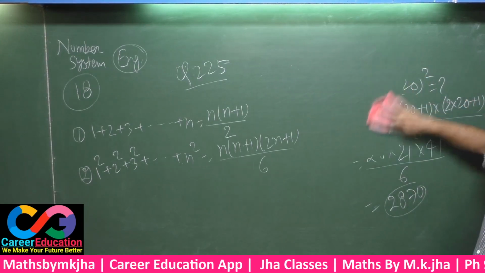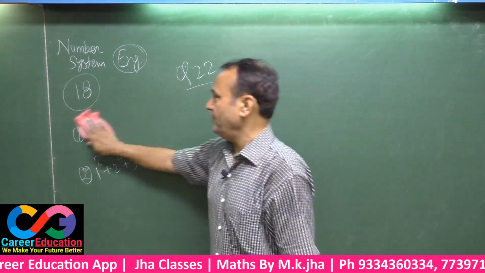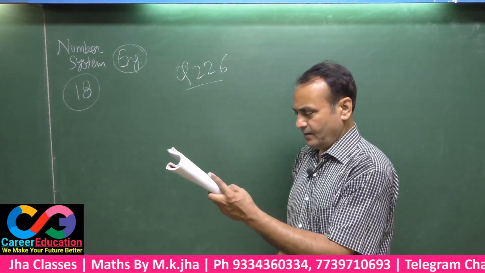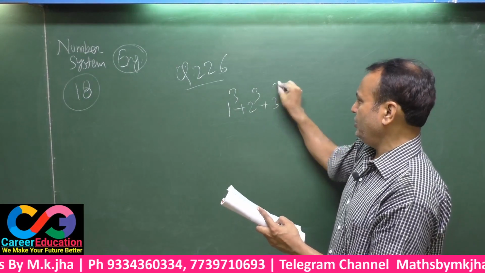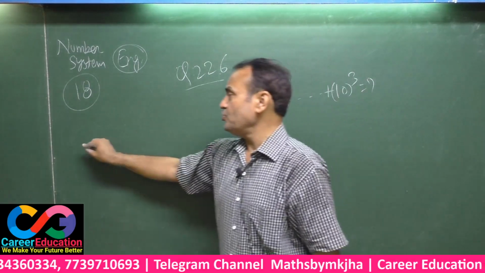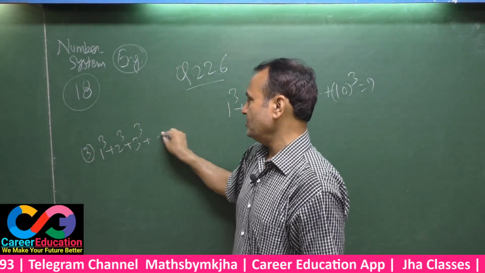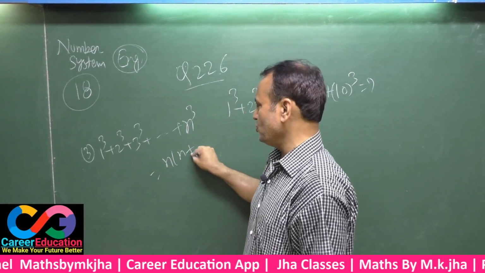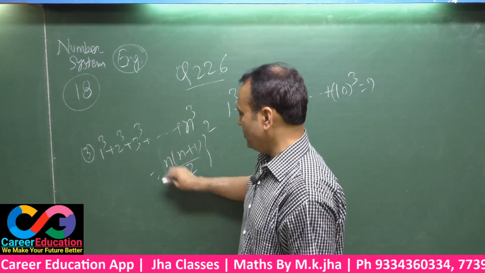Now come to question number 226, and the third formula will be coming to you just now. This is 1 cube, 2 cube, 3 cube up to 10 cube equals what? Your third formula is 1 cube plus 2 cube plus 3 cube plus dotted lines up to n cube equals the same formula which was in formula 1, but here it should be a square.